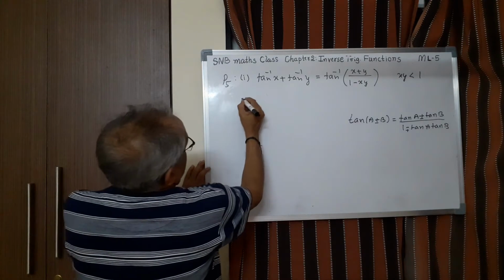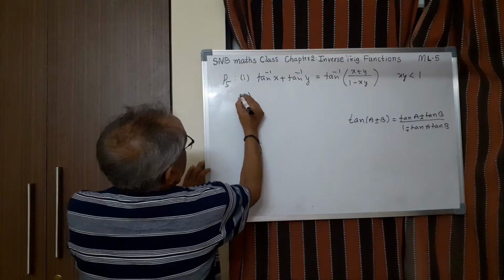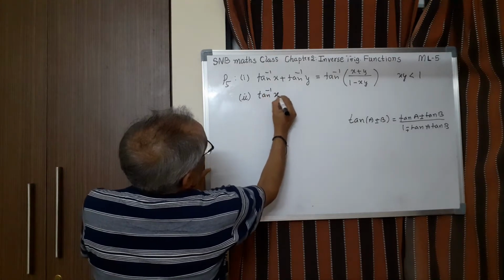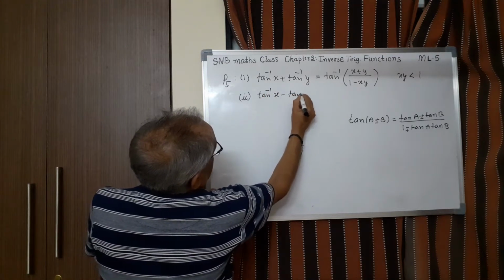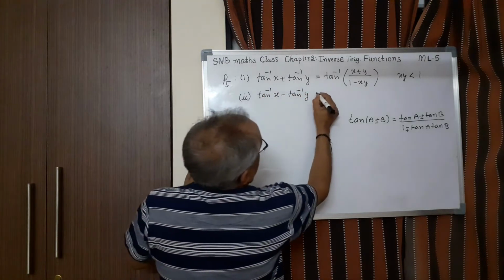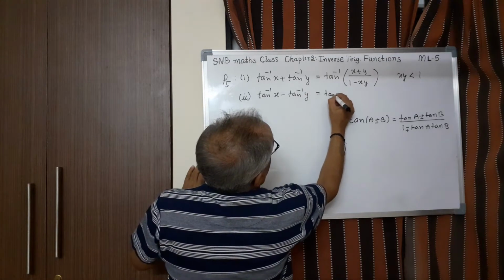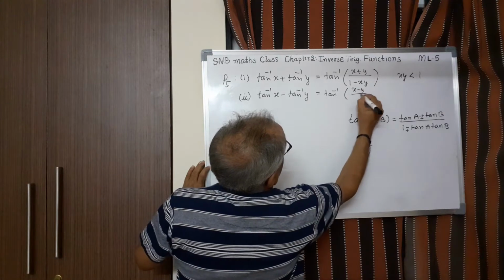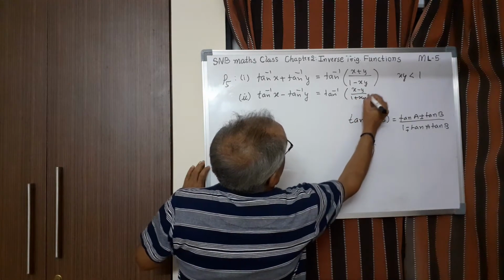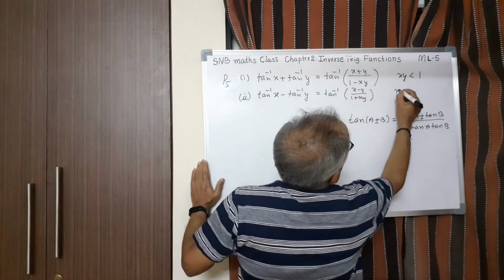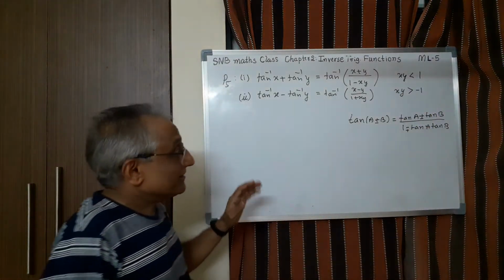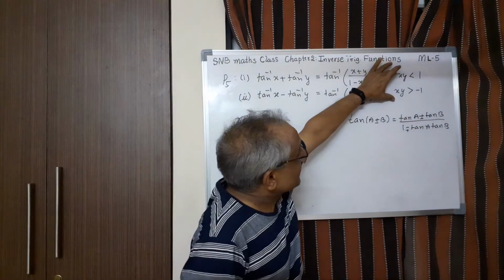Similarly, the second set is this. Instead of plus here, if you take tan inverse x minus tan inverse y, then this will be equal to tan inverse of x minus y by 1 plus xy. Here minus y, here it is plus y, and the condition here is xy should be more than minus 1. And please note, these two conditions are also interrelated.